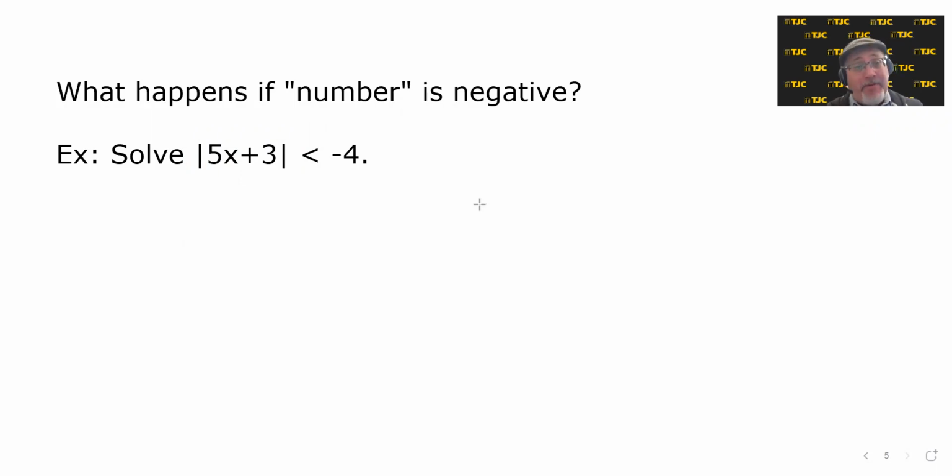That can't happen. Remember that absolute value on its own is a distance measurement, distance from 0, which means that absolute value is either 0 or positive. So why is that a problem? Well, let's see.